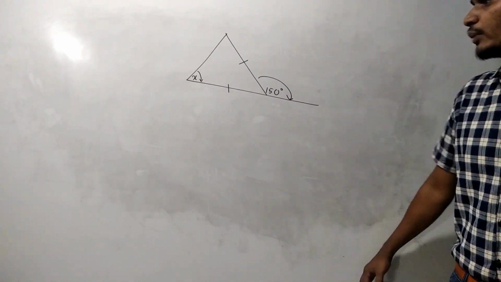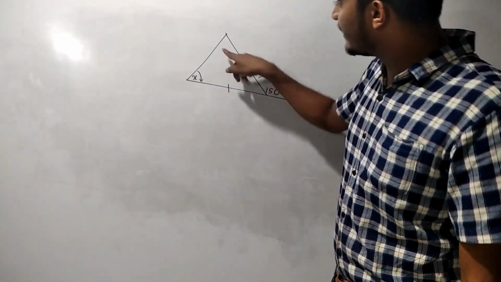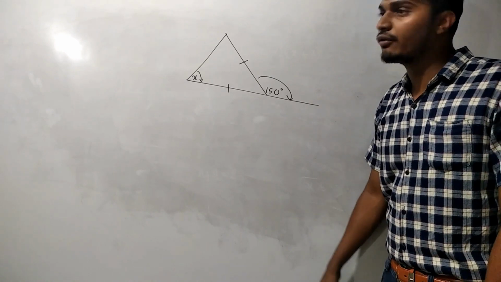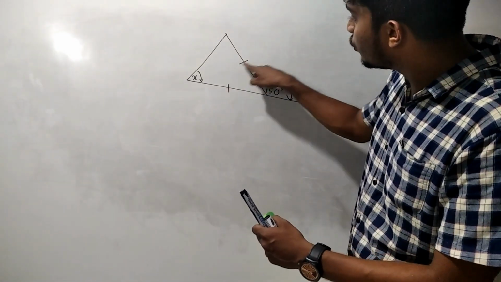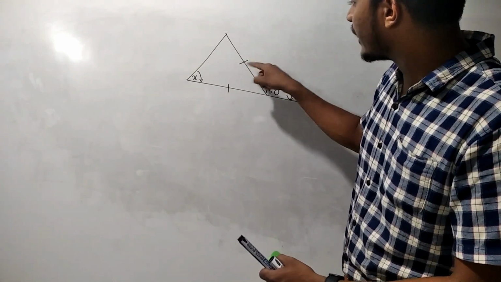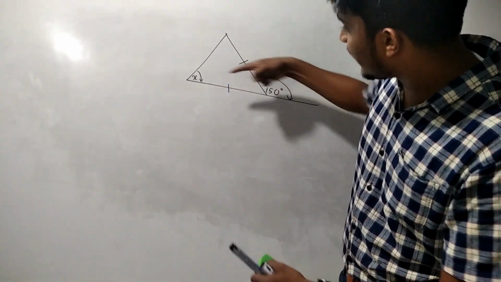You are just given one angle, so you need another angle to find the value of x. What you need to do, guys, is make use of these two lines they have marked. These lines represent that these two sides are equal.